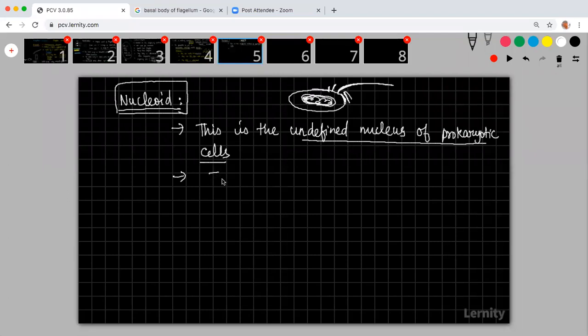The genetic material is present along with proteins.